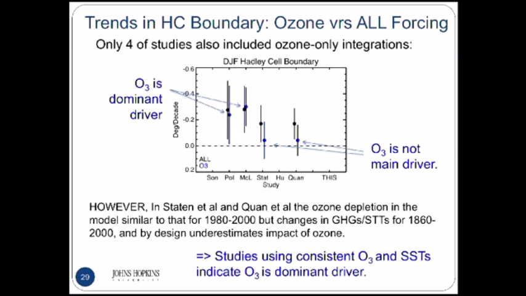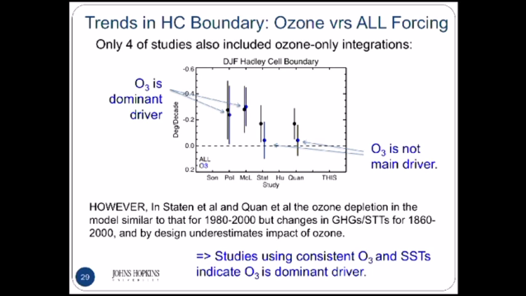They also use different models, so you could think it was a different modeling result. But it turns out that one of the differences between them is the ozone that they used. This study used a version of the NCAR model, which was used for CMIP5, where they didn't follow the observations, they used their own ozone.